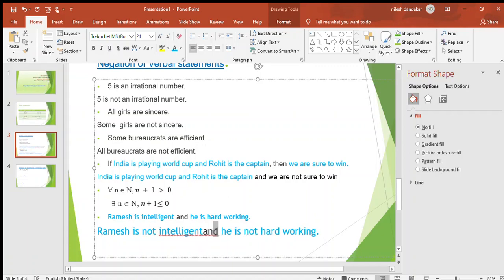Now replace and by or. So this is nothing but the negation of the verbal statement.